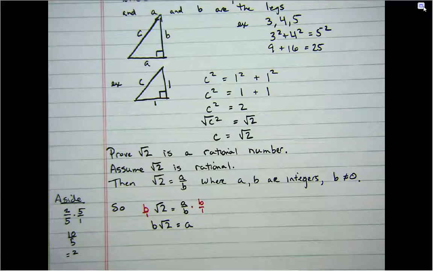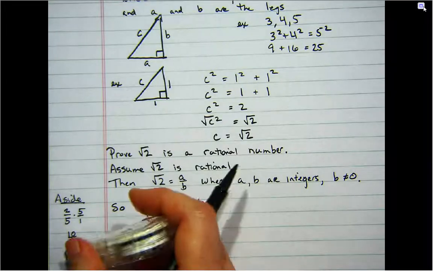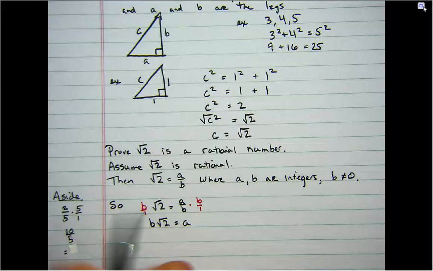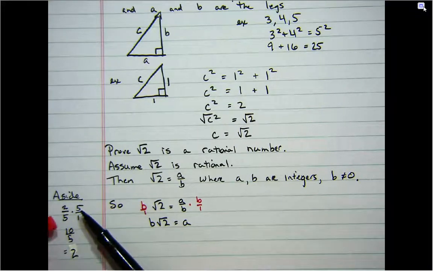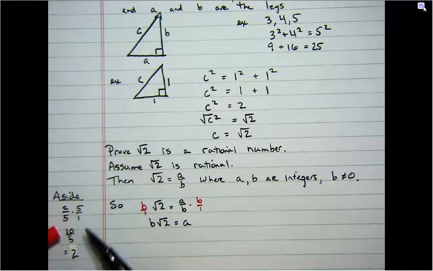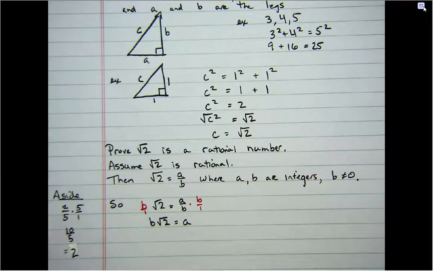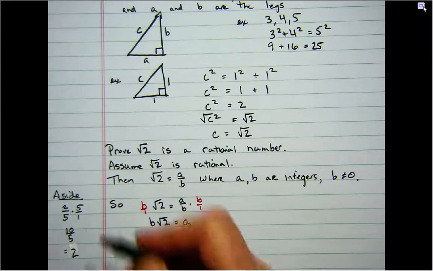I don't know why I wrote the 2 so small. So the 5s actually just divide away. I didn't even have to write 10/5. I could just have the 5s cancel, because that's what happens. The whole thing reduces by the 5. So that's what's happening with b. The b is like a 5 and it's dividing away. And so that's why that's working.